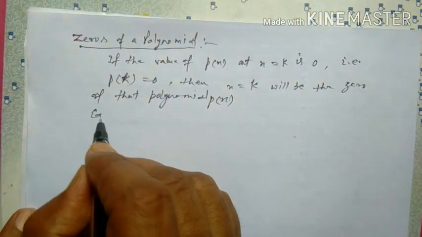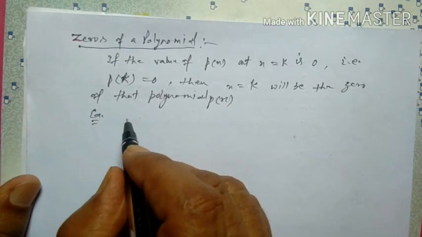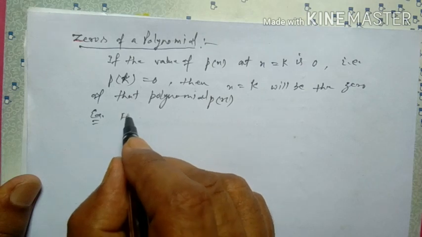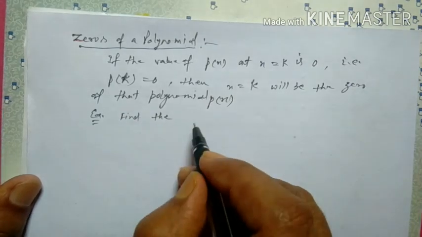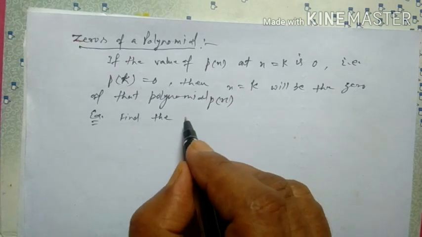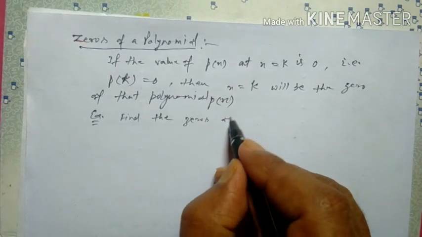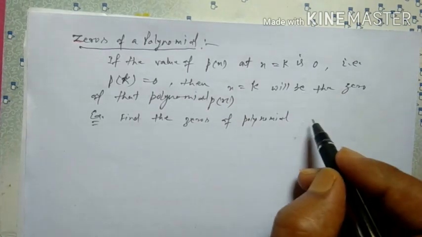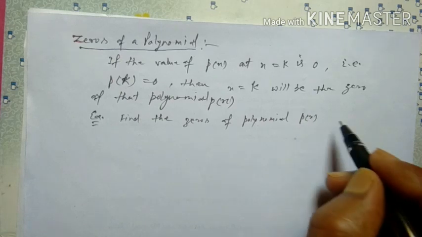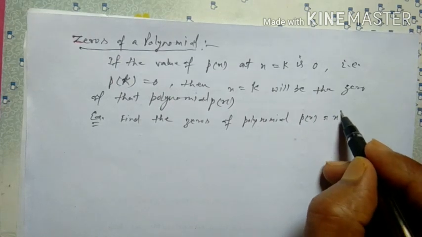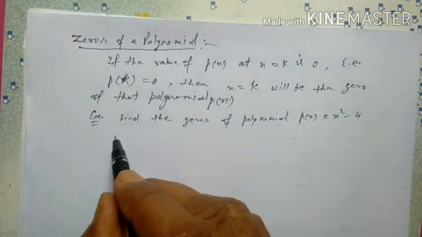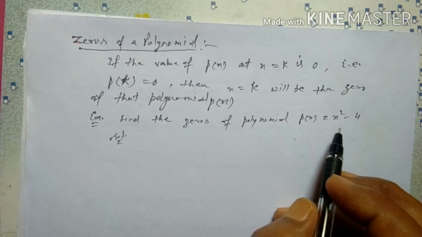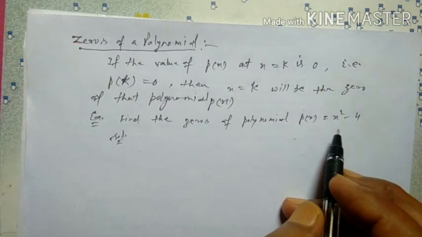For example, find the zeros of the polynomial p(x) equal to x square minus 4. We simply ask at what value we will get its value 0.